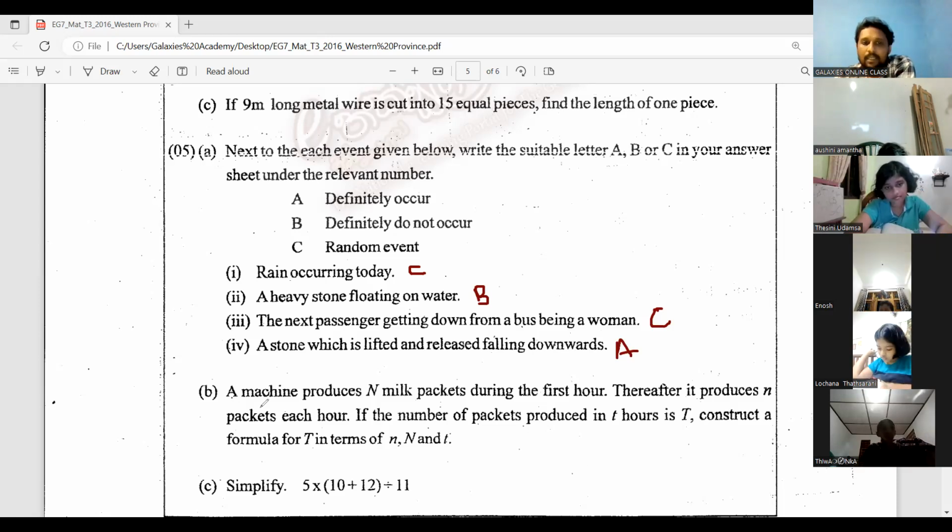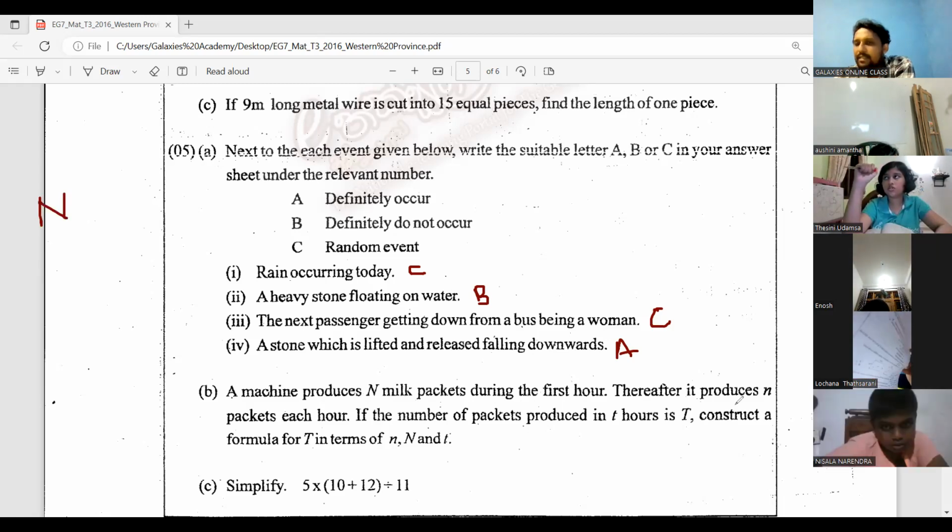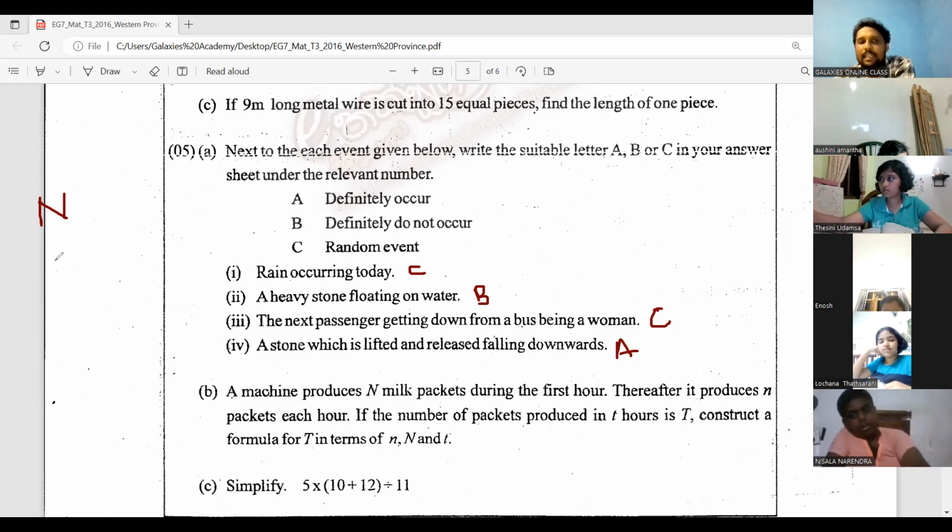Right. Next one, look at part B. A machine produces capital N milk packets during the first hour. Thereafter, it produces N packets each hour. ඊට පස්සේ මොකද්ද වෙන්නේ? first hour එකේදී capital N කියලා ප්‍රමාණයක් produce වෙනවා. ඊට පස්සේ හැම පැයකදීම simple N ප්‍රමාණයක් produce වෙනවලු.